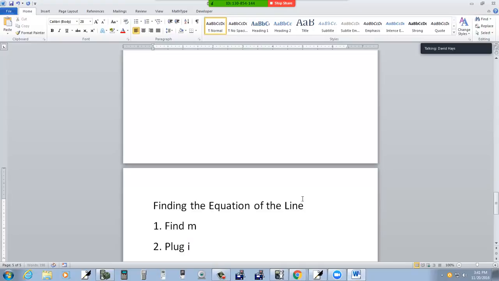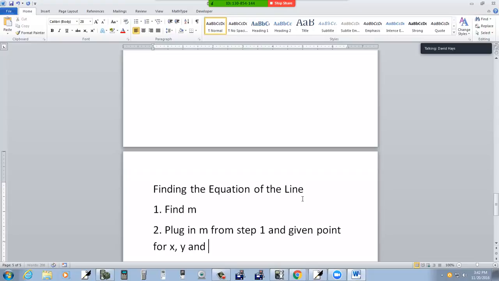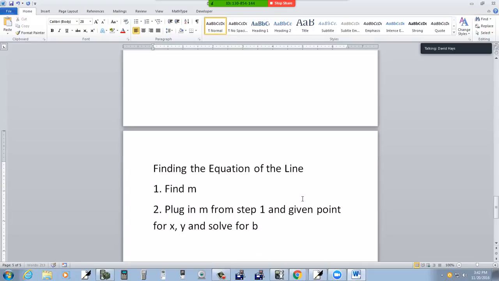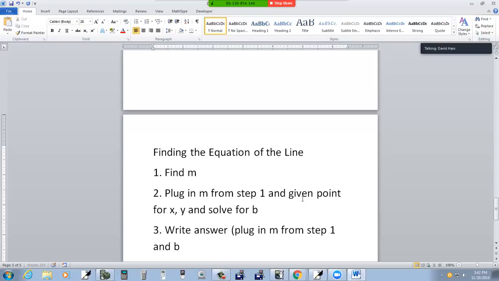Step 2, plug in m from step 1 and the given point for x and y, and solve for b. And then step 3 is to write the answer. Plug in m from step 1 and b from step 2 into y equals mx plus b.